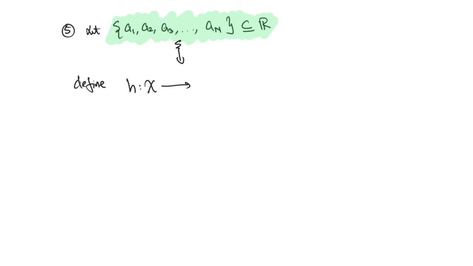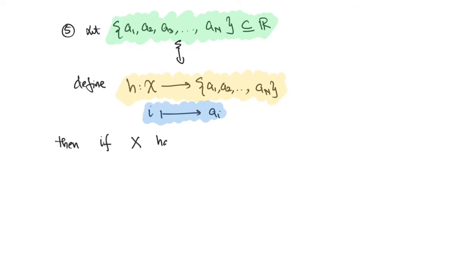We also note that if a1, a2, a3, up to aN is a subset of real numbers, we can define a function h from script X to {a1, through aN} where i goes to a_i.